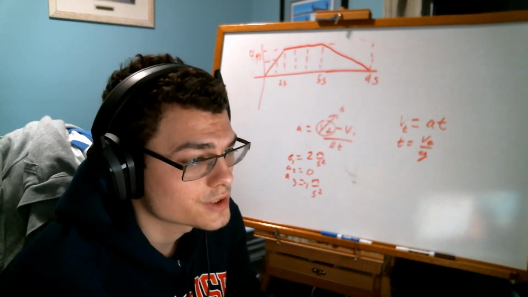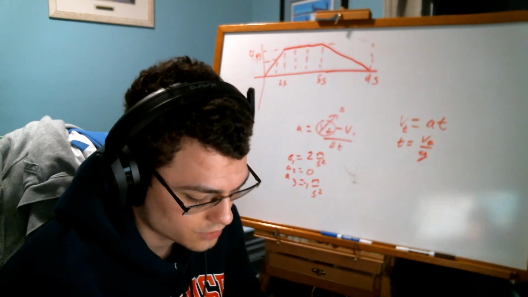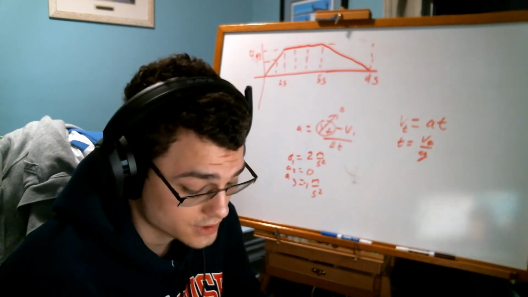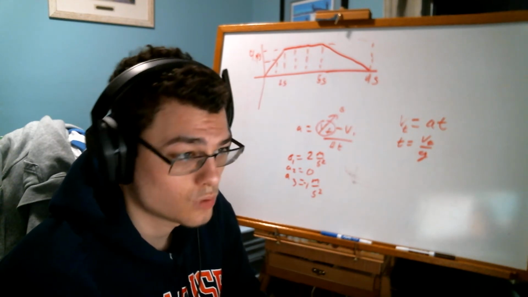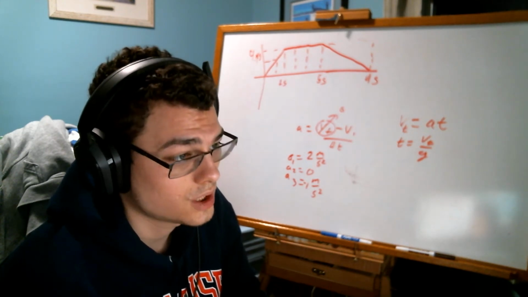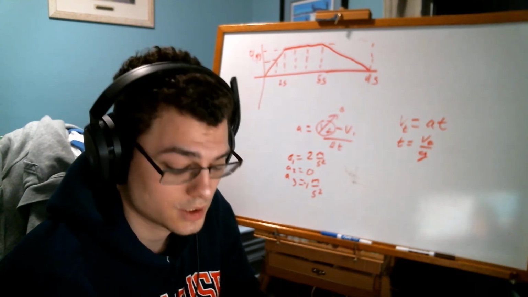So next up, we're going to say how tall is the cliff, and so then you just need your basic kinematic equation where y is equal to 1/2 at squared plus v naught y t plus y naught. It just depends on how you take your initial conditions.